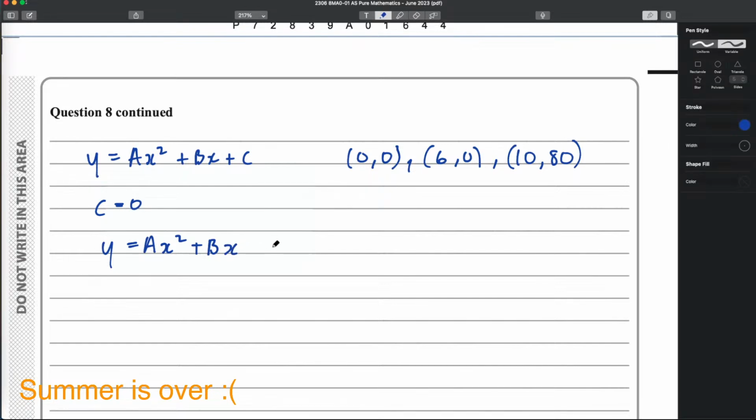So let's plug in these values. For this point here, we get 0 equal to a times 36 plus b times 6.